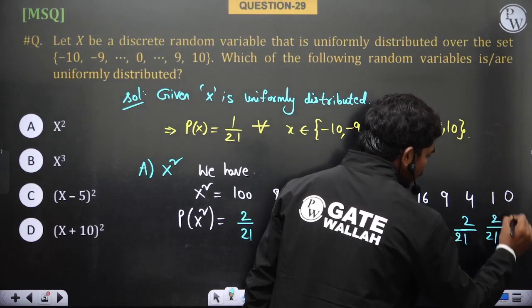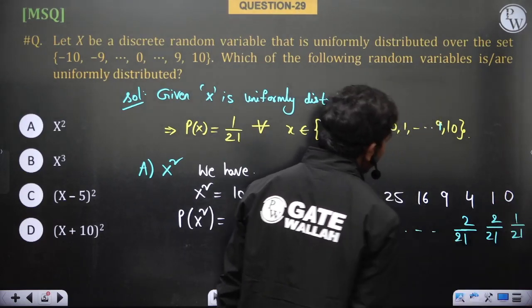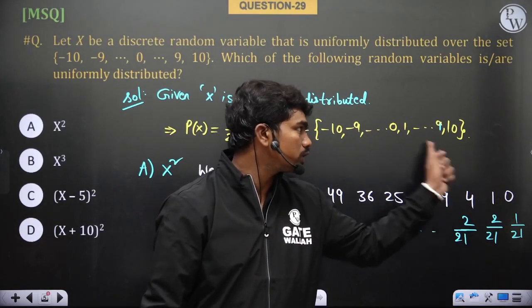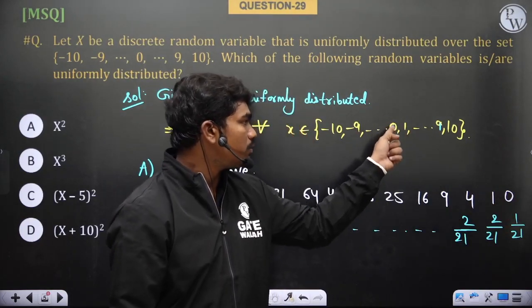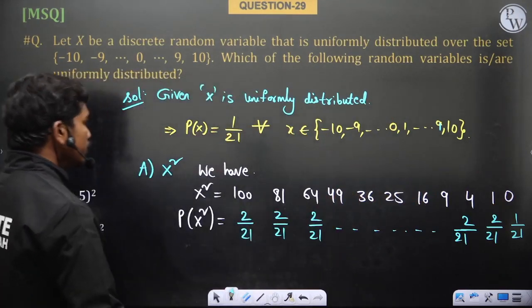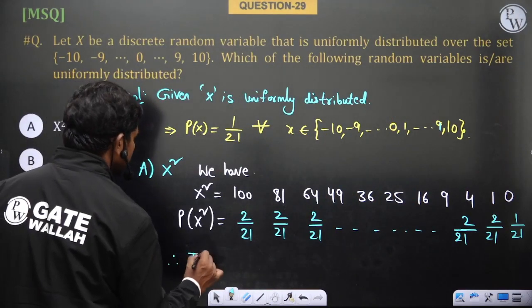But in the last case you have only 1 by 21, because this value of x square equal to 0 will be given only by x equal to 0. So out of these 21 numbers, only one number gives you x square equal to 0, but the rest all have a couple of possibilities. Therefore it is not uniformly distributed.